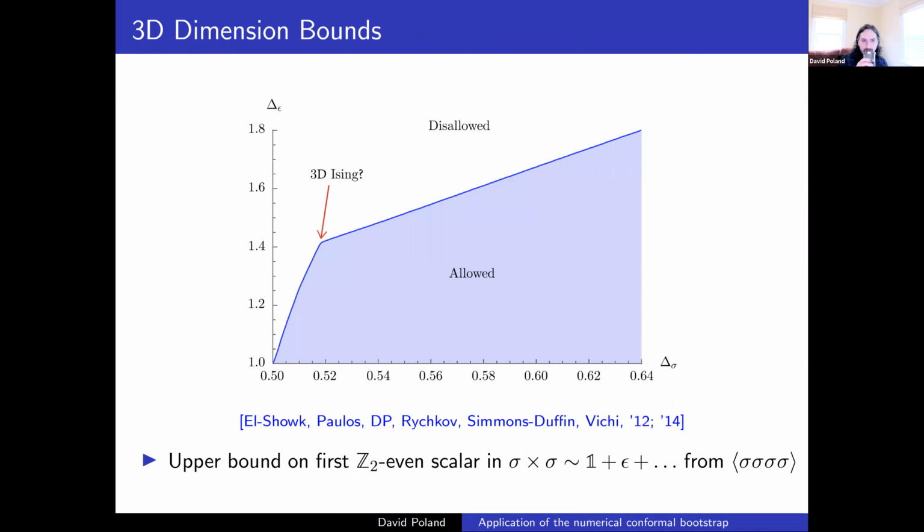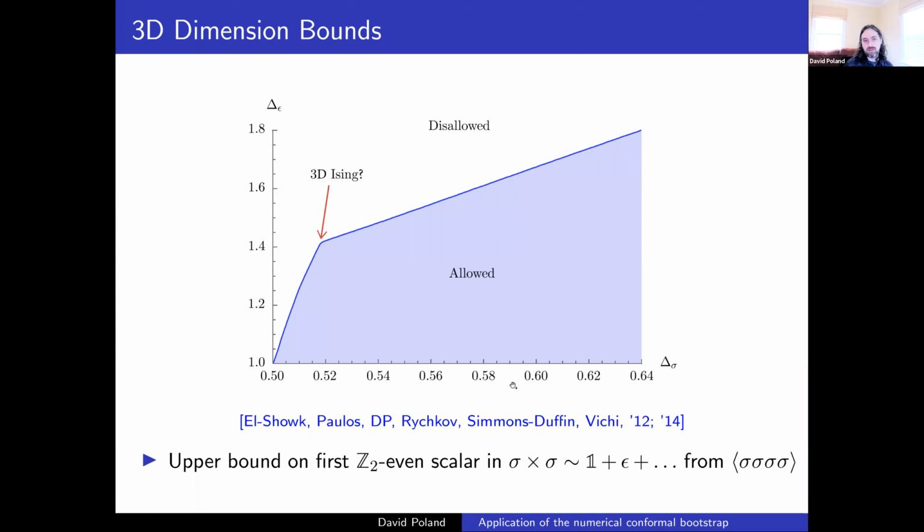So as Alessandro described, if you just look at a 4-point function of a scalar operator sigma in a 3-dimensional conformal field theory, you can use these Bootstrap methods to place a bound on the scaling dimension of epsilon, which is defined as the leading non-identity scalar operator appearing in the sigma sigma OPE.